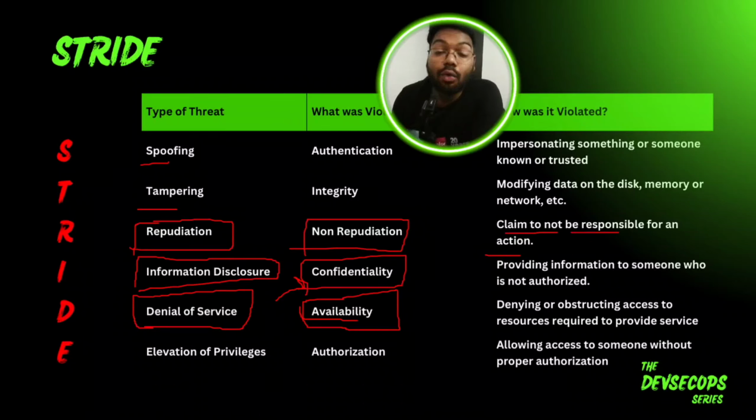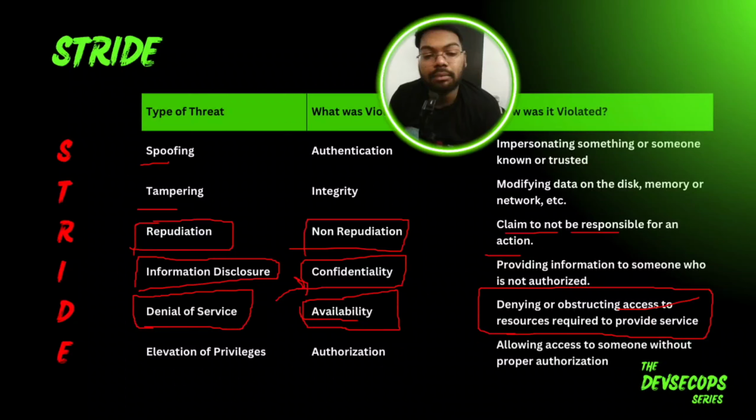You cannot enter your own home. So that is a denial of service. Denying or obstructing access to resources required to provide services. I will explain denial of service in depth when we learn about different kinds of threats or attacks that are possible in real world scenarios. So we will look into it later on.